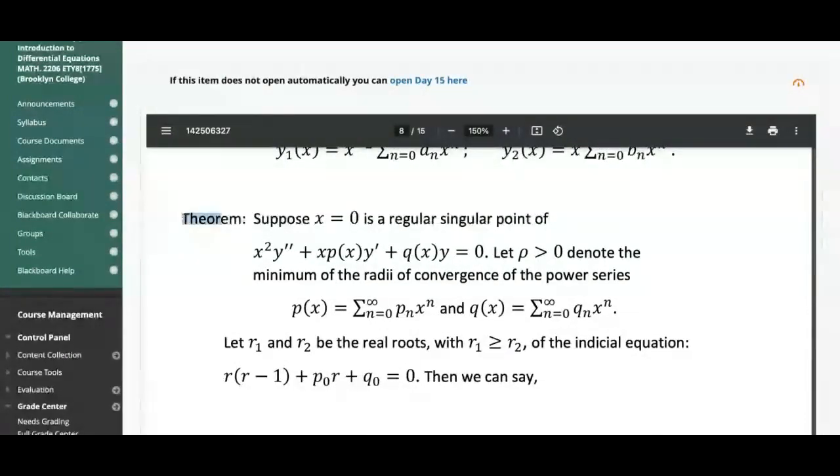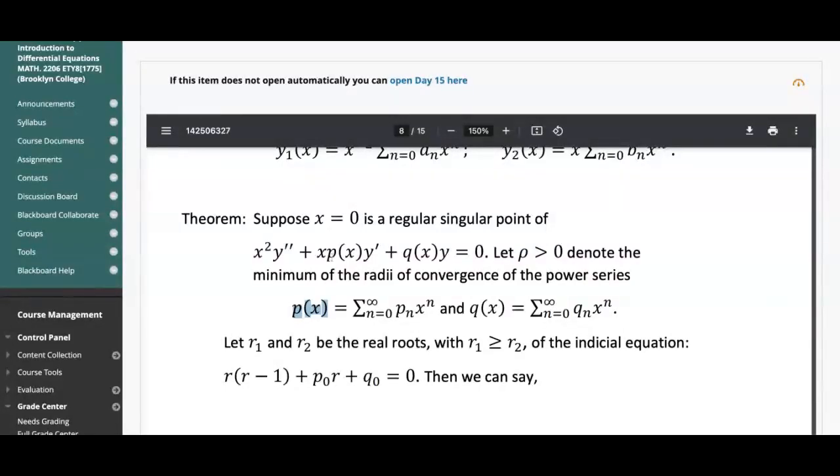We have this theorem, which says: suppose 0 is a regular singular point, which means we manufacture the capital letter P into lowercase p by multiplying by x, and the capital letter Q into lowercase q by multiplying by x squared. So if 0 is a regular singular point, and let rho be a positive number.